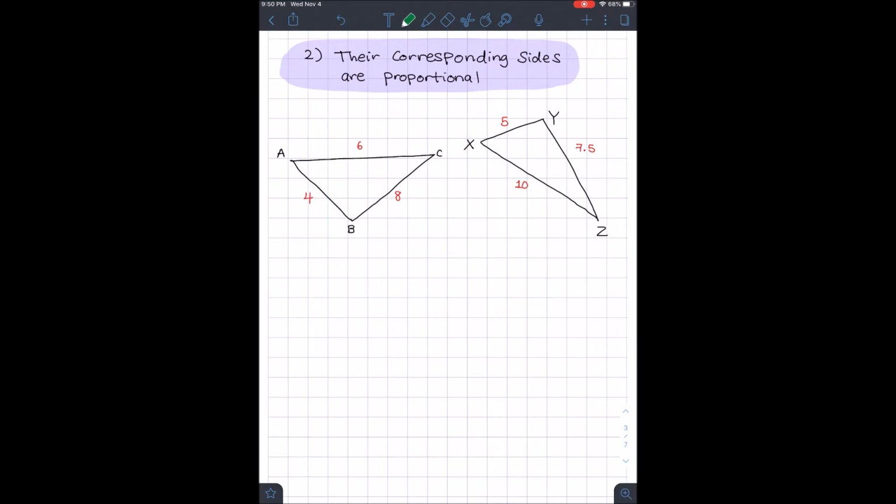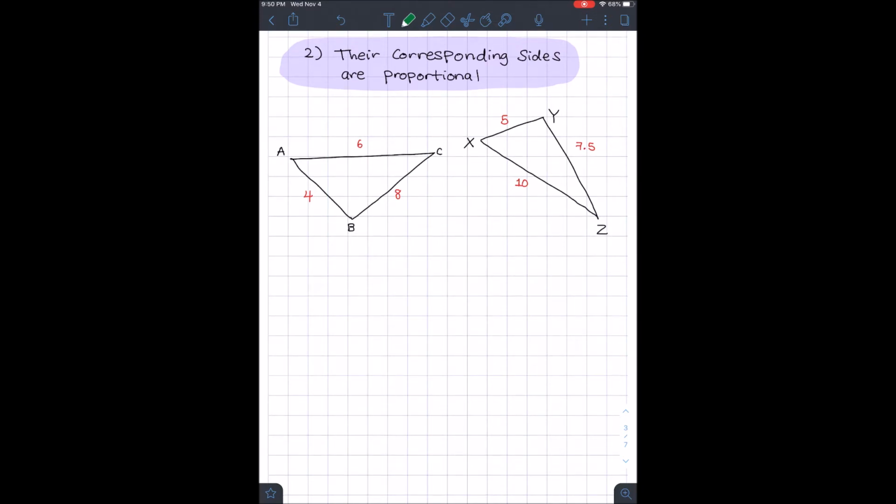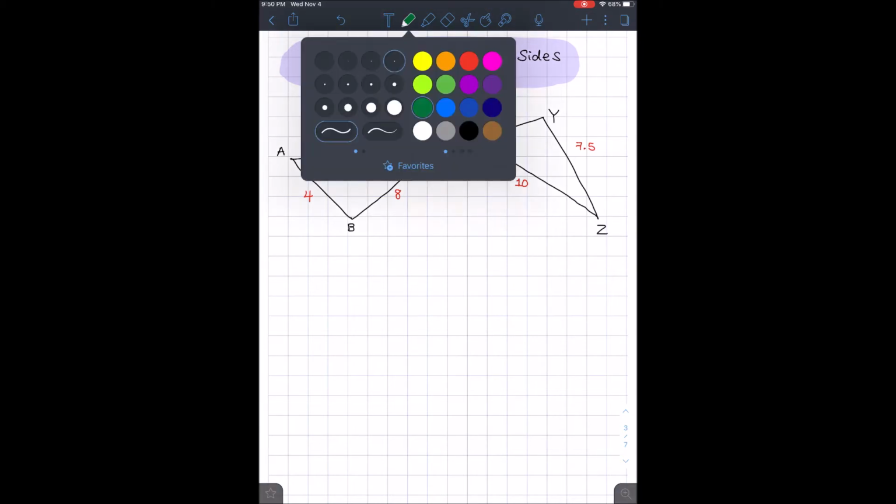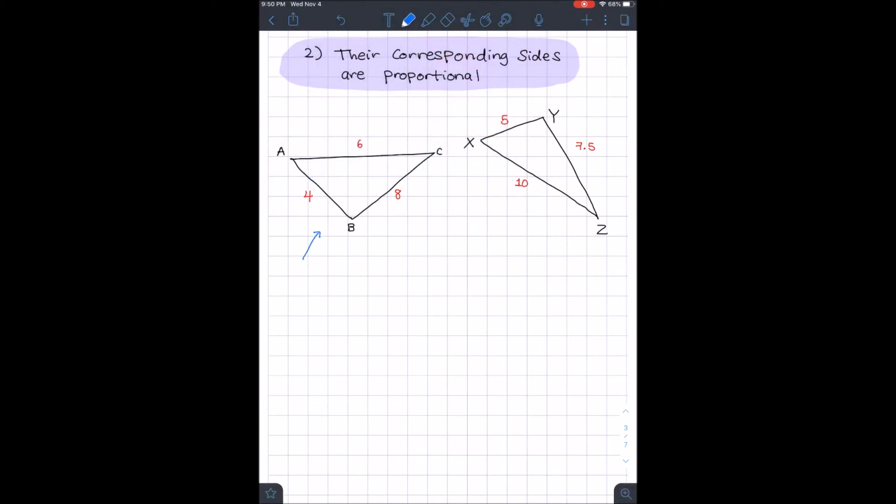Well, let's try to look at it as an example. So let's look at the triangle on the left. This one right here, triangle ABC. We're going to match each side of triangle ABC with the sides of triangle XYZ on the right, this guy.